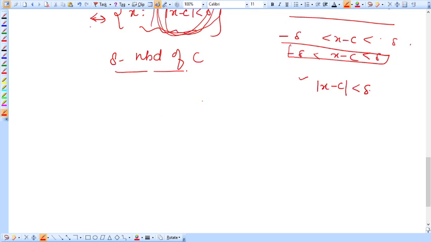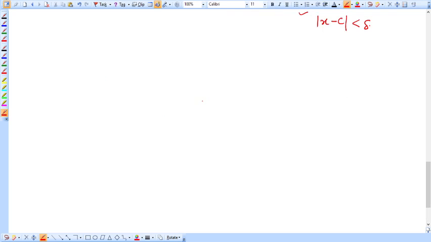Now let us come to the epsilon delta definition of a limit. Firstly, don't get confused with epsilon and delta here. Delta and epsilon are nothing but numbers, right?